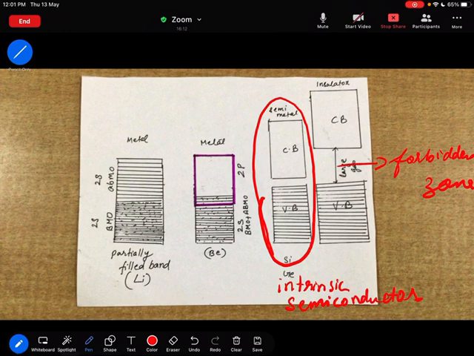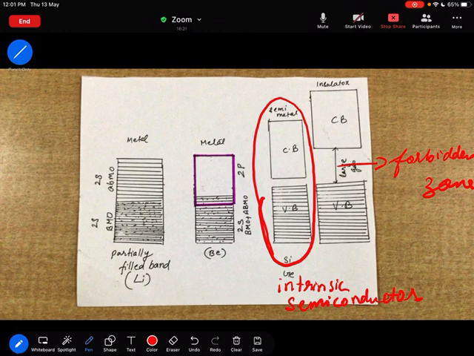This process is called doping. This introduces electronic defects in them. So by adding impurity, we say doping. There are two types of extrinsic semiconductors. First one is electron rich impurities.